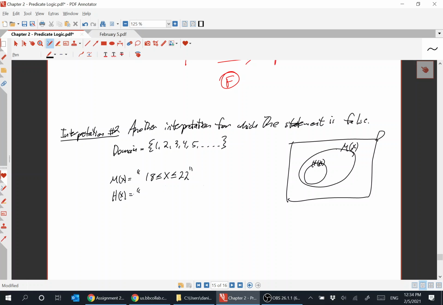So x is between 18 and 22. And then h of x, some subset of that. So m of x is all the x's between 18 and 22. So h of x, some subset of that.